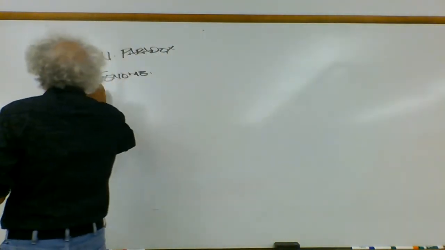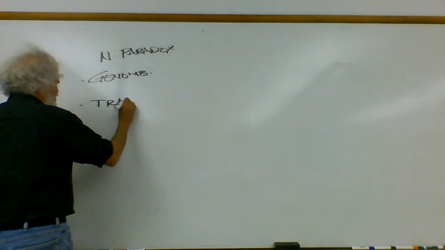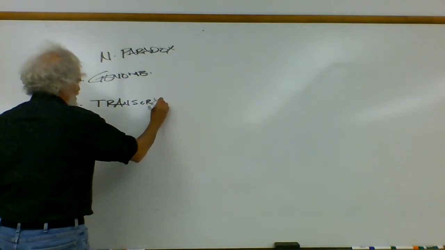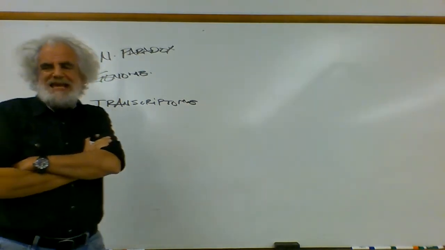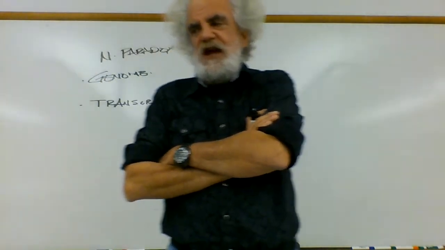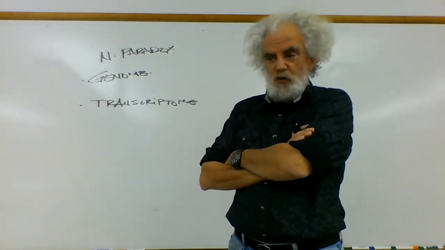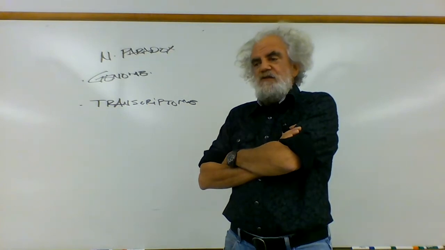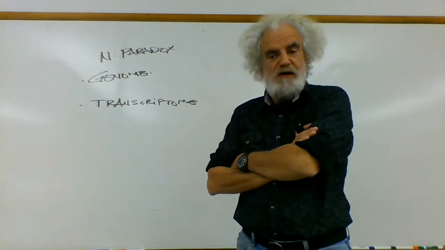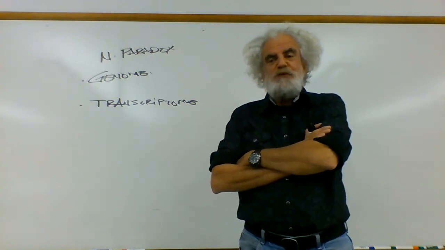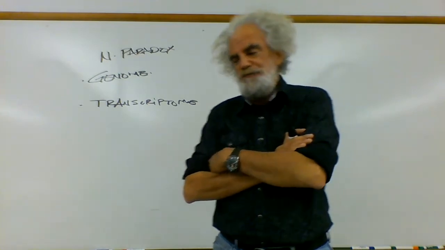Now, another kind of ome is something known as the transcriptome. And the transcriptome is the complete set of RNAs that are present in a cell or in a tissue or an organism. This is primarily messenger RNAs, but it also includes a variety of non-coding RNAs. And so the transcriptome represents the information that can be transcribed from a genome.